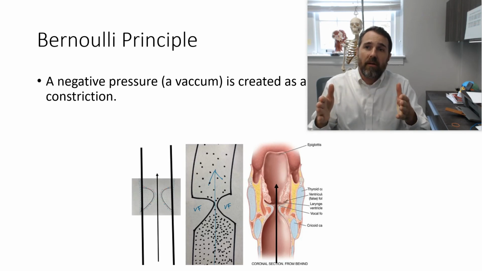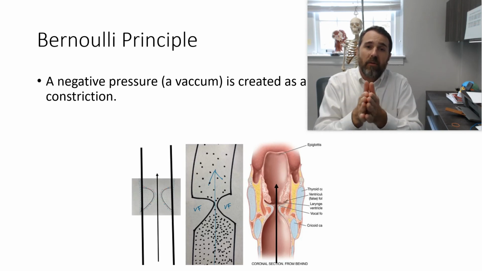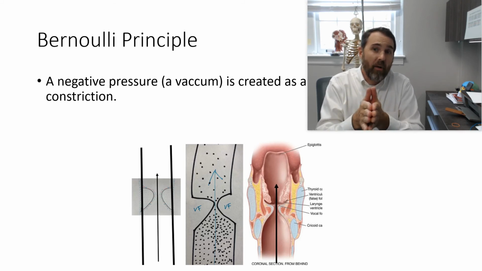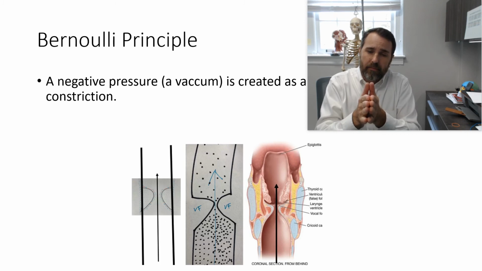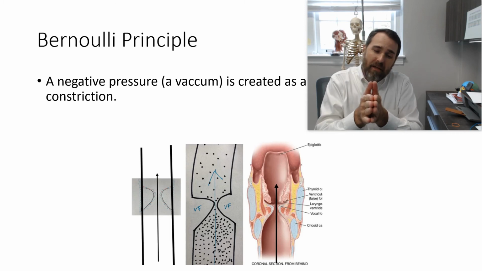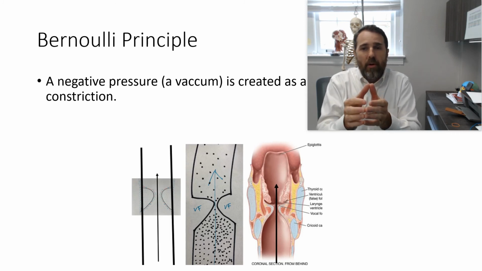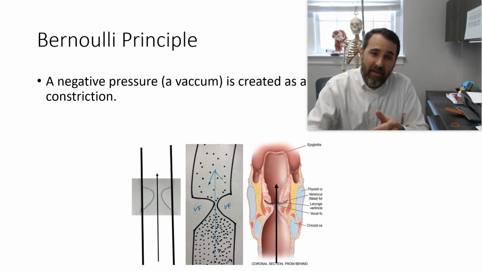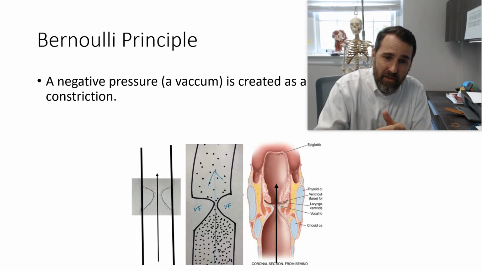When we phonate, we adduct the vocal folds. But that's not phonation. That's just getting ready for phonation. We adduct the vocal folds, and then we begin our expiration. We begin to push air between the vocal folds. And the vocal folds are blown apart for a second. And when they're blown apart, as you can see here in these illustrations, air rushes between the vocal folds.